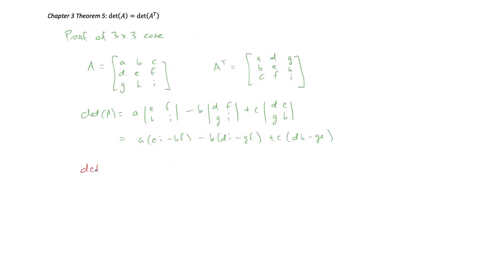And now we're going to compute the determinant of A transpose. And instead of using the first row, we're going to use the first column, cofactor expansion.